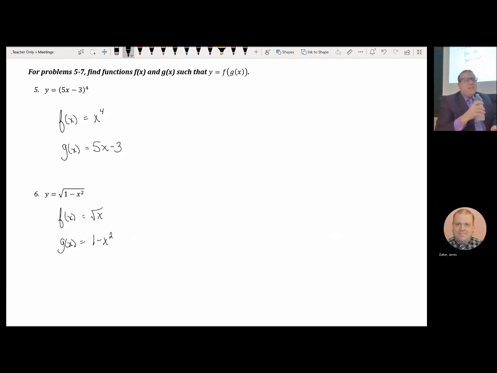I could let f of x be x, and then say g of x is just the square root of 1 minus x squared. That's always a valid decomposition. It's not bloody useful, but it is a decomposition. What else could I do?